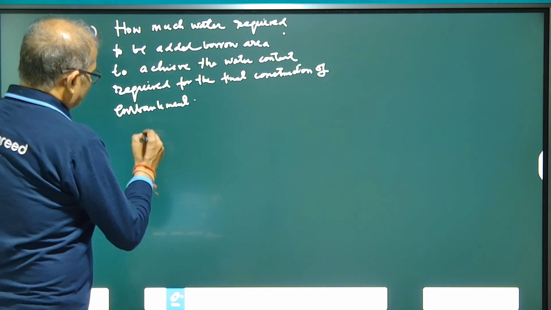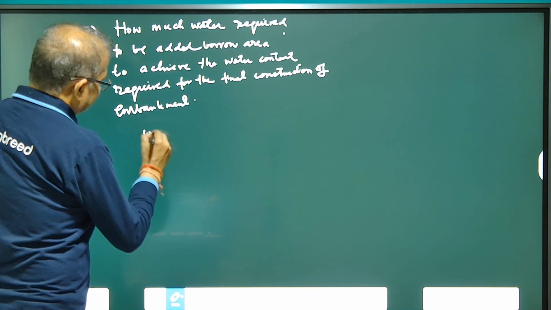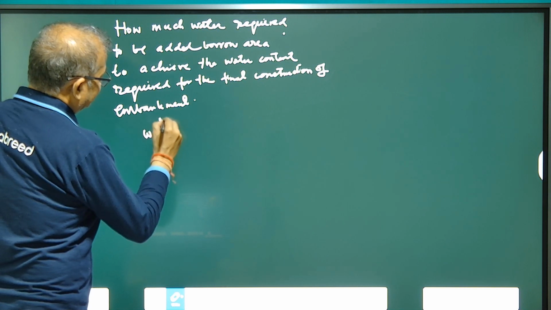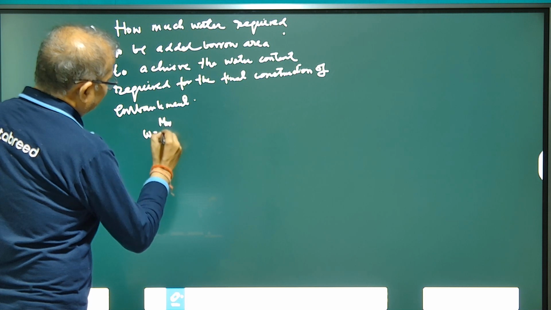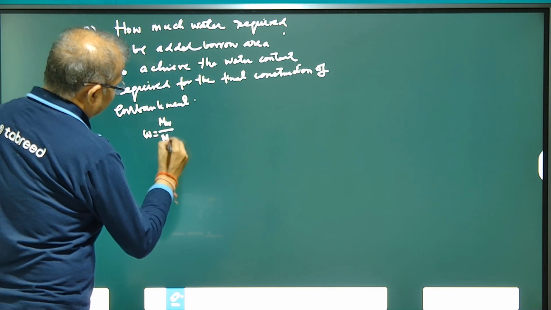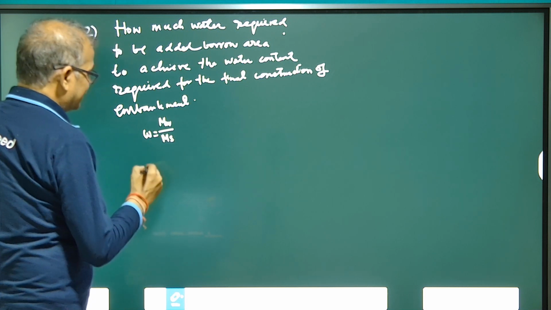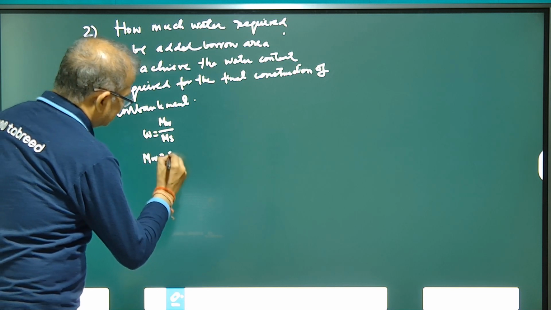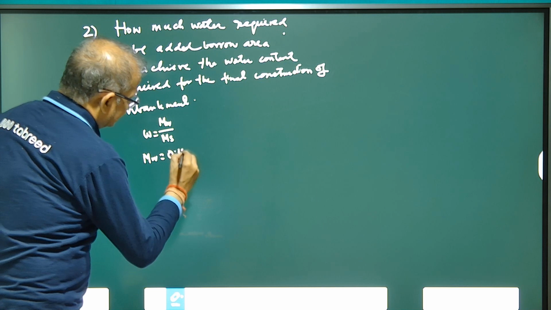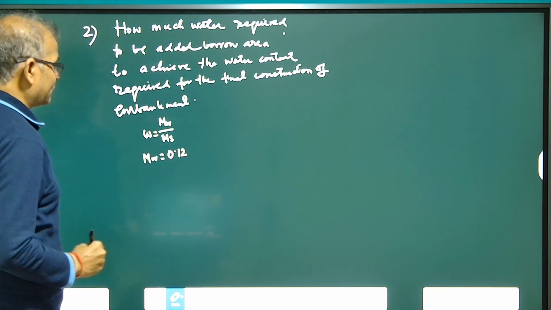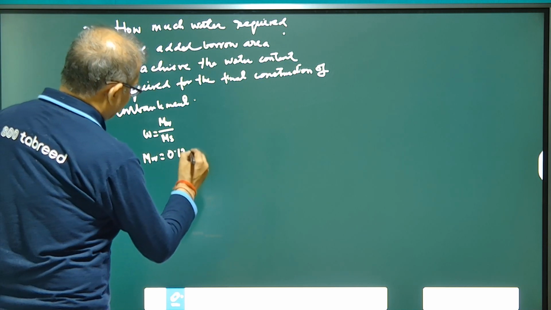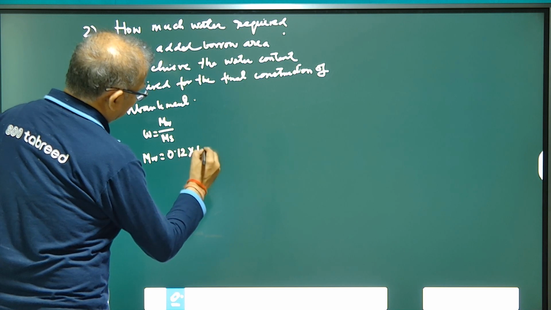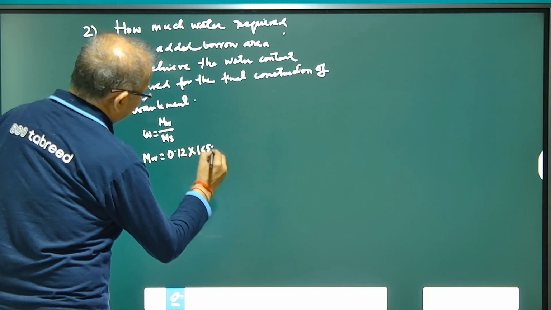We know that water content is nothing but mass of water to the mass of soil. Now, mass of water we need to determine in the borrow area, whose water content is 0.12 and soil solid is 1650.